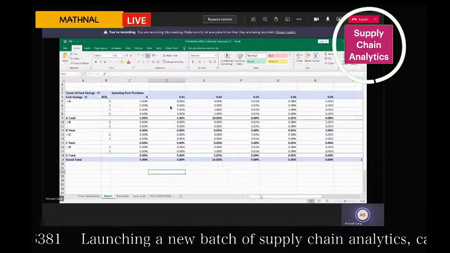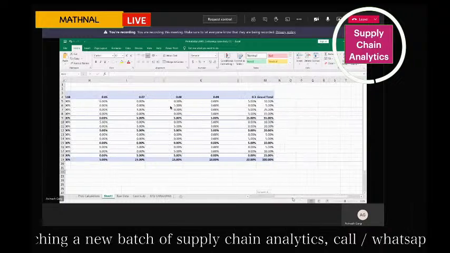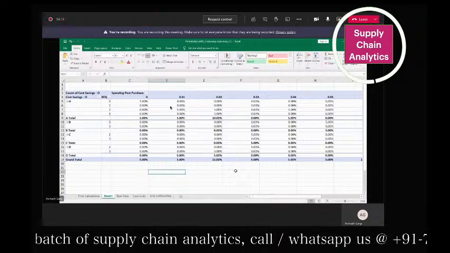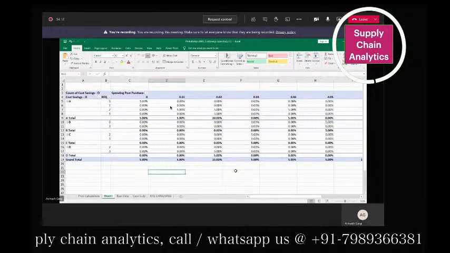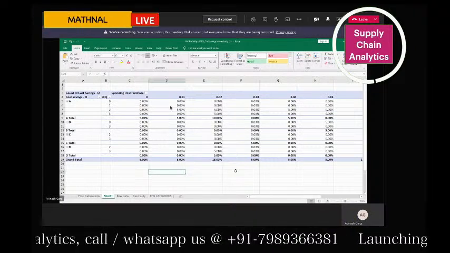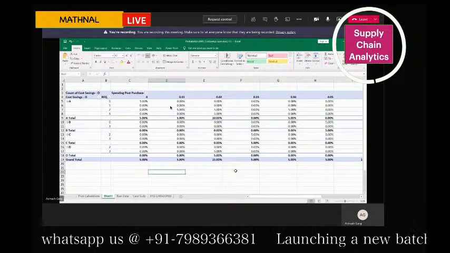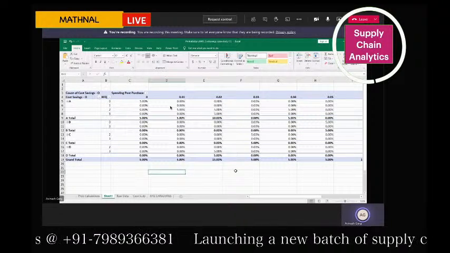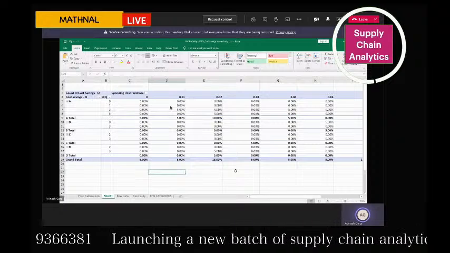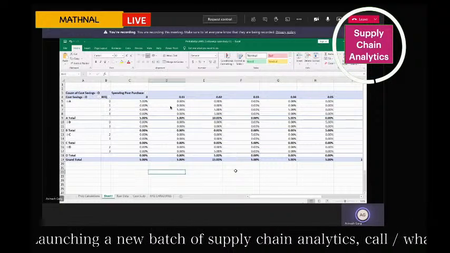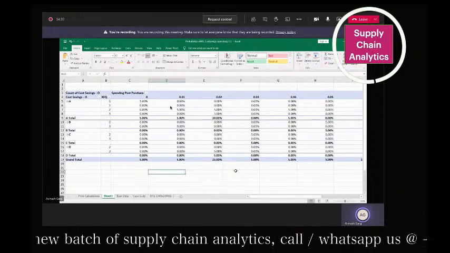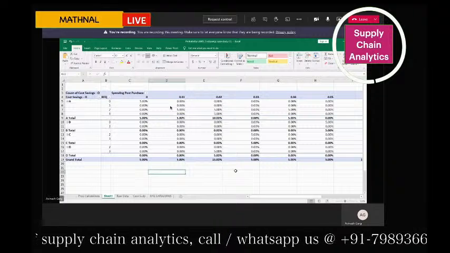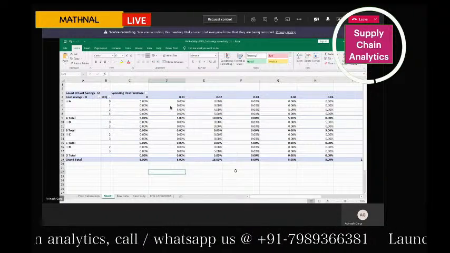Right, 5% is the intersection of cost savings A category, RFQ 0 category, and spending post purchase 0%. That is 5%. So these are intersections. When we take the percentage of grand total, you get the combination intersection of all three variables.